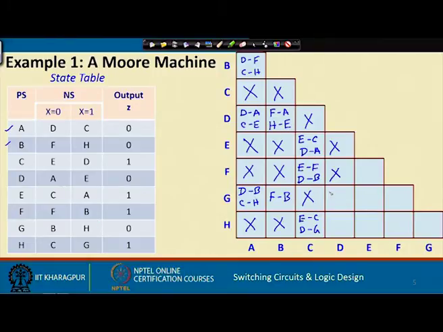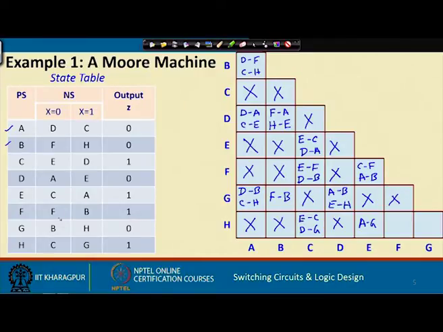D and H output is different. E and F the same output: C F, A B. E and G different. E and H: C is the same, A G, only A G. F and G outputs are different.